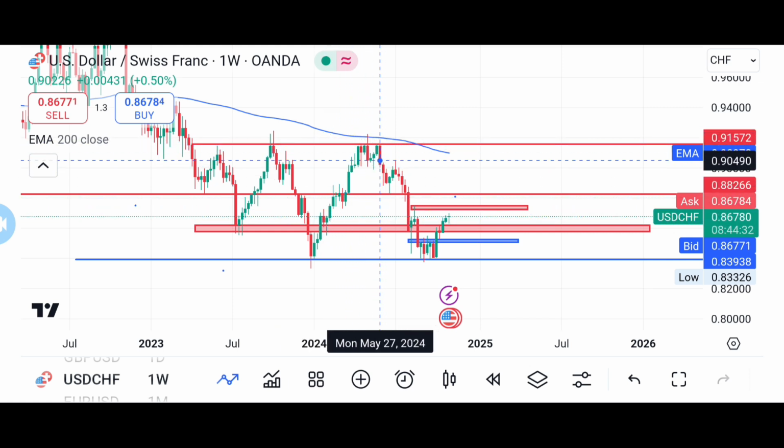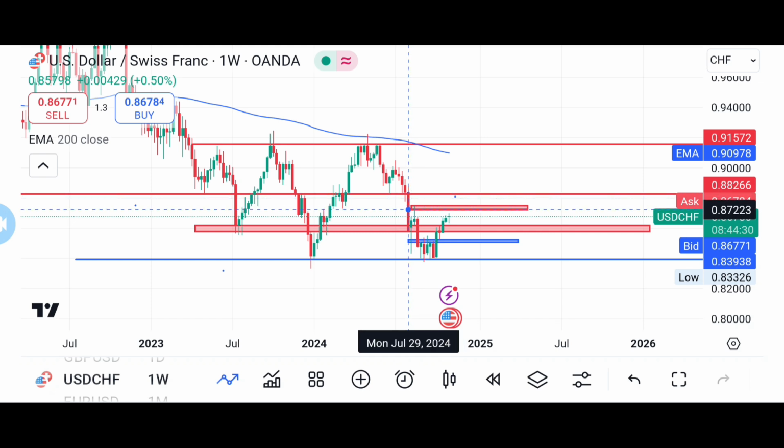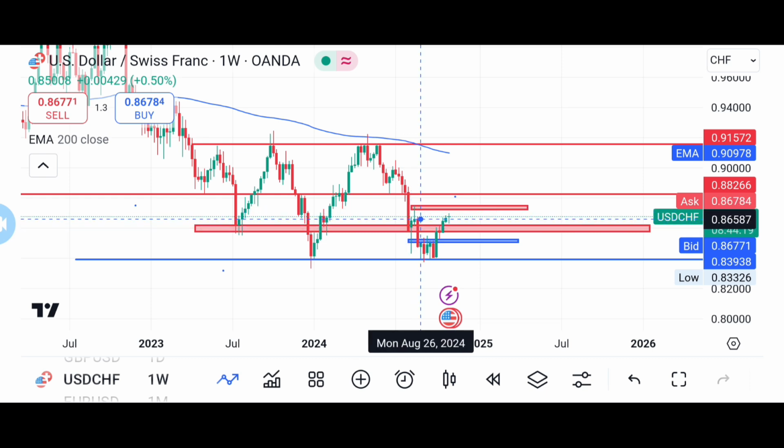Okay, so the sellers came again. Once the market reached here, you can see the buyers tried to find support and push the market up to this point. But unfortunately, they were not able to push the market higher than that. So sellers took control and broke this zone.